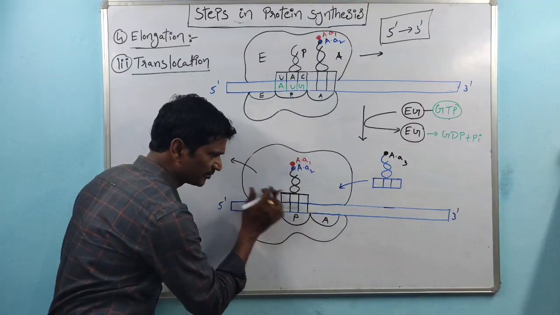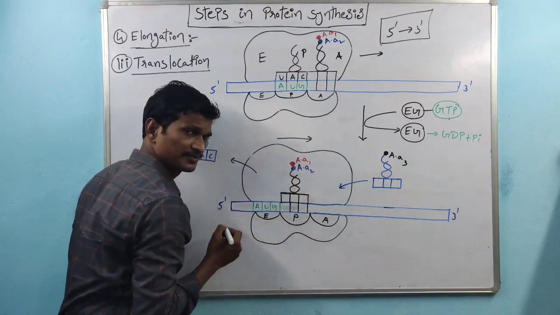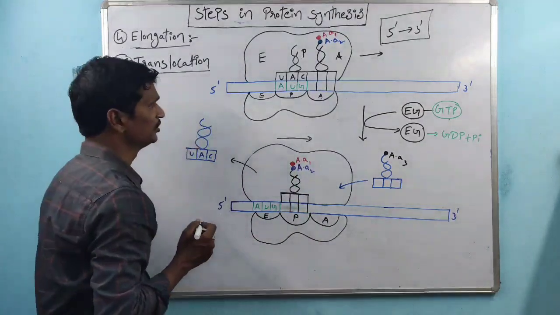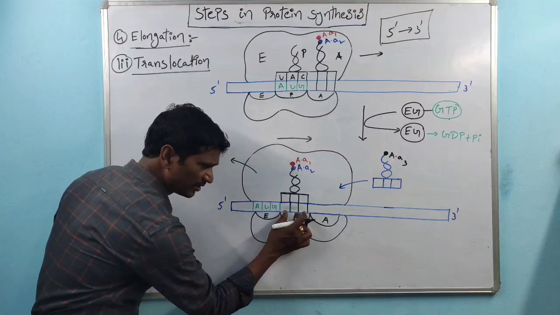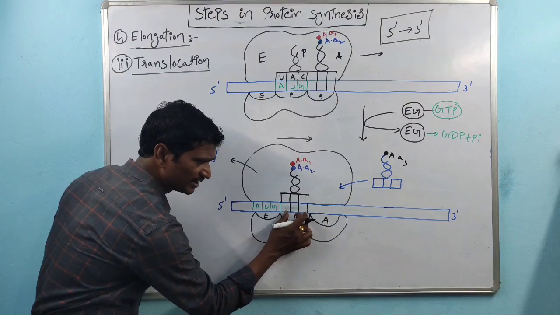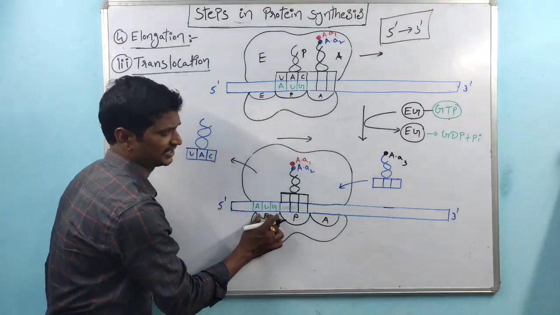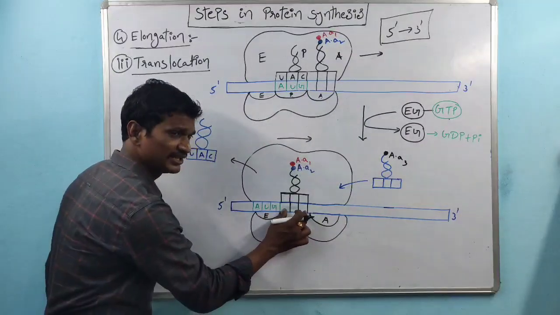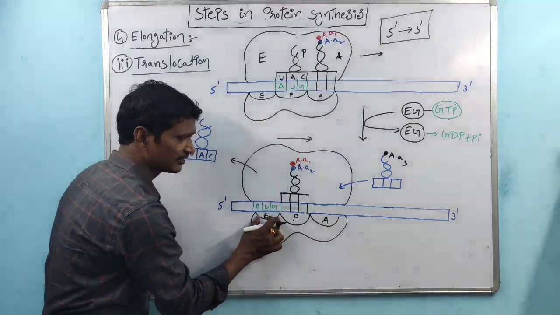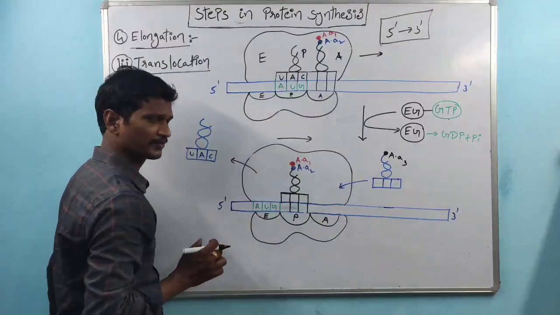Initially AUG codon is present here. Ribosomes are moving in this direction. Whatever codon the P site contains enters into the E site, because the ribosomes are moving. The P site containing the initiation codon enters the E site.